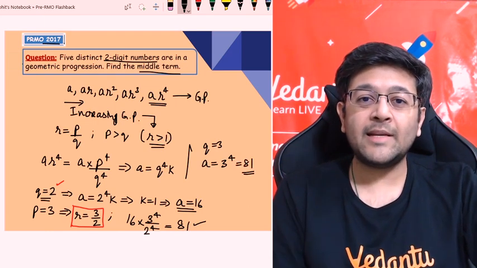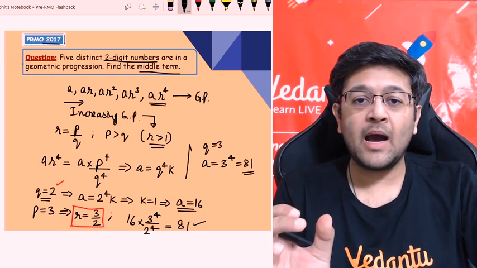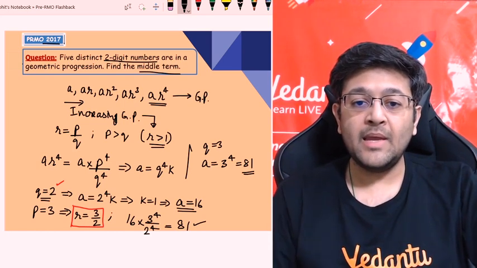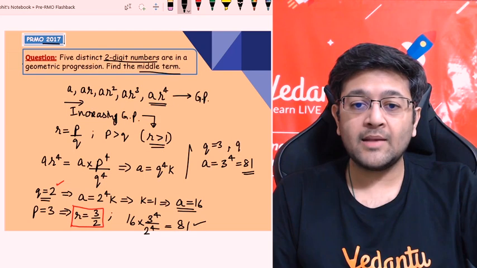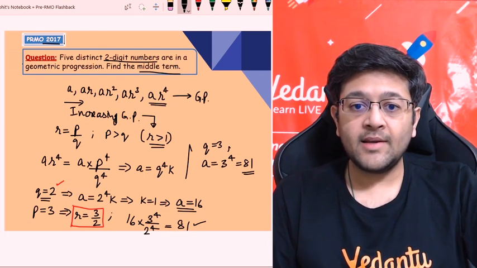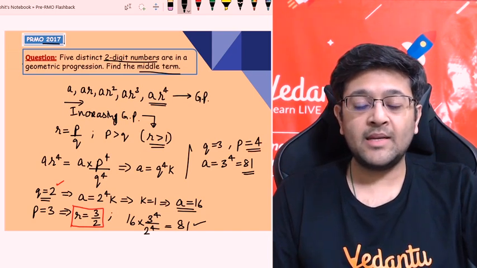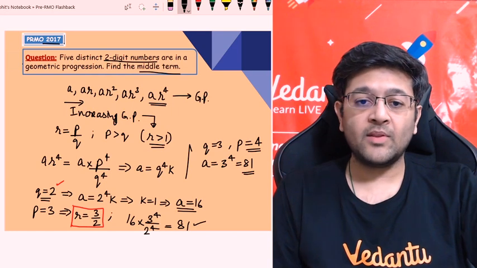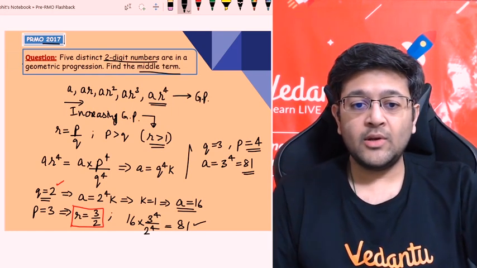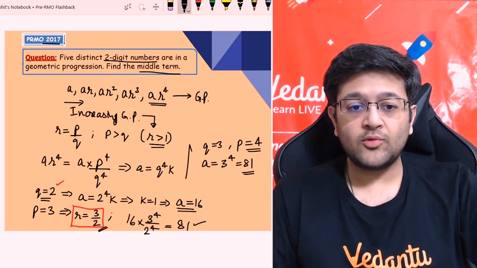So the minimum value is 81. Then after that we multiply by any R. Now also if Q is 3, P at least has to be 4. So if P is 4 and Q is 3, then again the proceeding terms will become 3-digit numbers. So the only answer will be R is equal to 3 by 2.